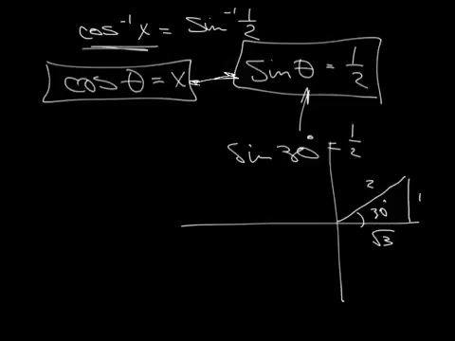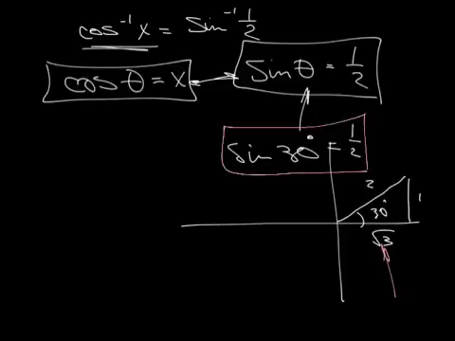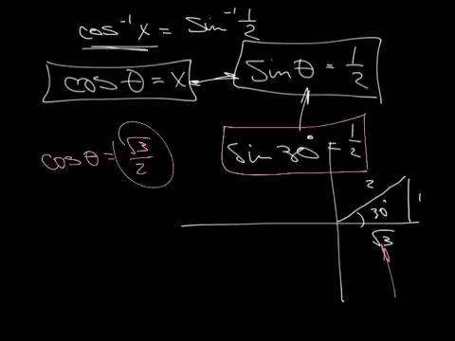So that's what we're looking at, just this angle right here. So if that is the triangle we're looking at, and the sine of 30 equals 1/2, what's the cosine? Cosine of theta is adjacent over hypotenuse, so I get the square root of 3 over 2.